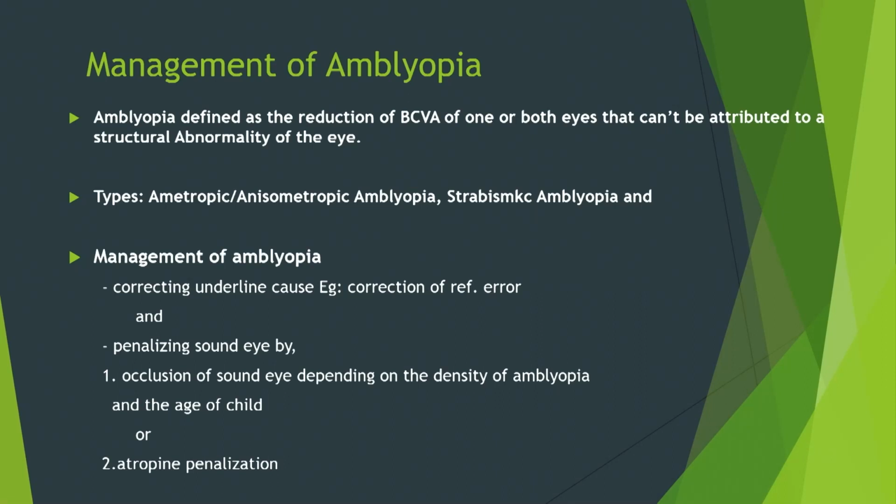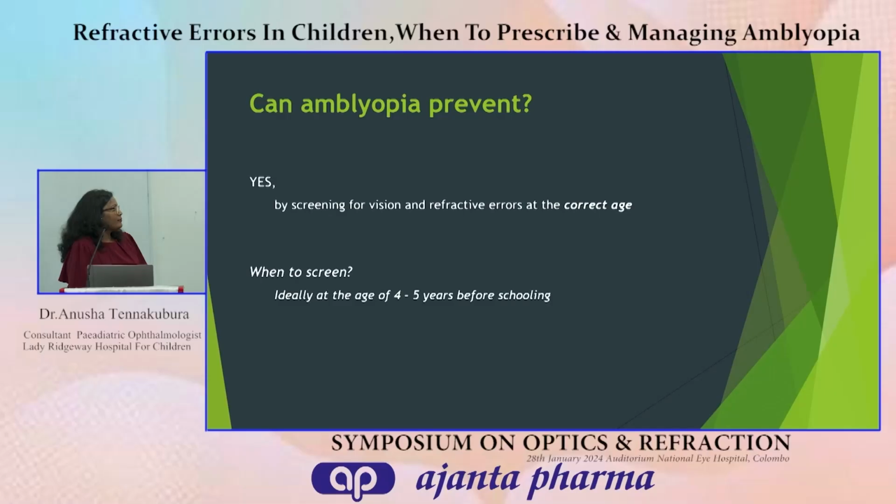Anything else you want to know? Can we prevent amblyopia? The simple thing is screening. Screening at the correct age is the most important thing. Ideally, in developed countries, we do it at 4 to 5 years of age, actually upper kindergarten.